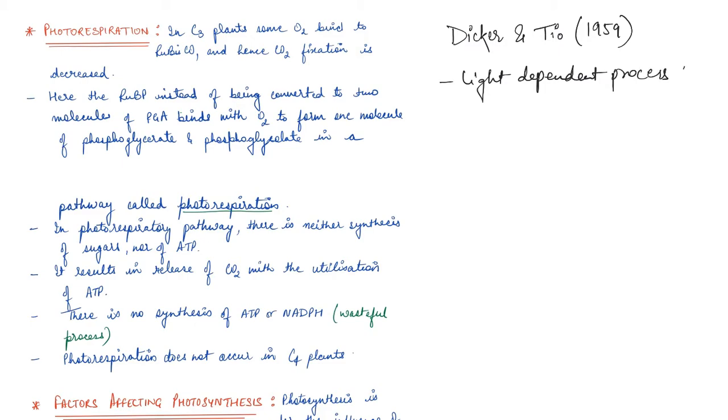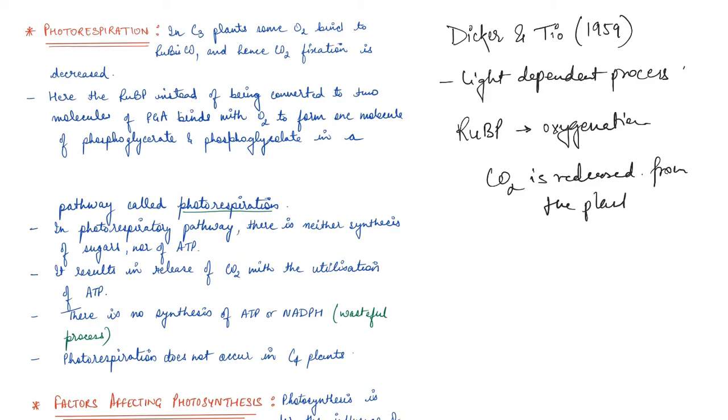So here what happens is that the RuBP is oxygenated. Oxygenation of RuBP happens and carbon dioxide is released, CO2 is released, right, from the plant.